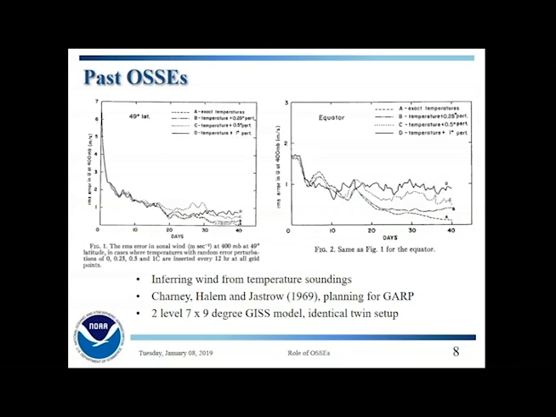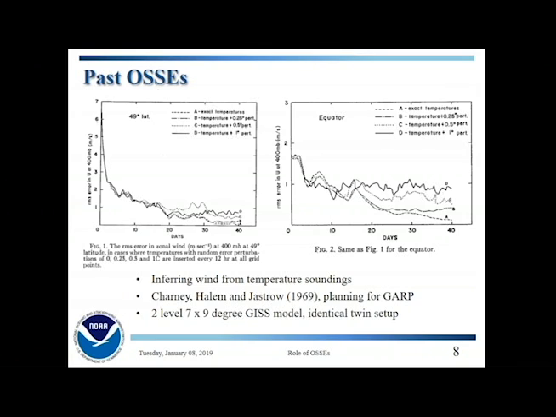This was a 2-level model. It had a 400 millibar level and 800 millibar level, and that was it. So we've come a long way, and it was also rather coarse. You can see I wrote down a 7x9 degree GISS model. And this is what we call an identical twin setup, where the model used to create the nature run and the model used to do the data simulation are the same.